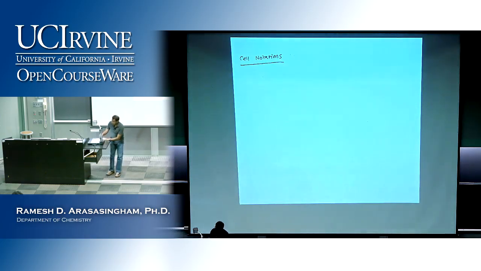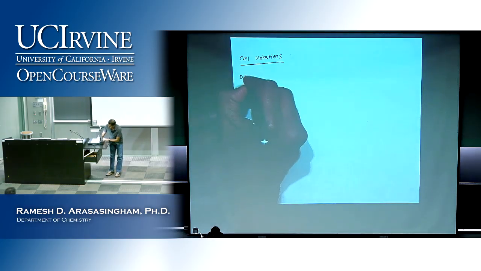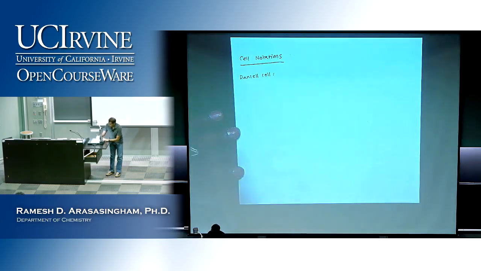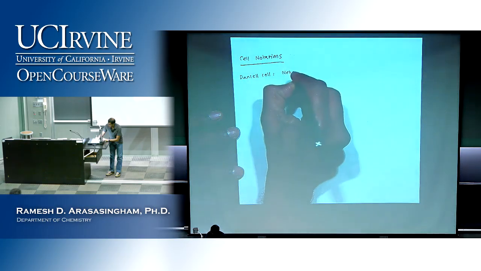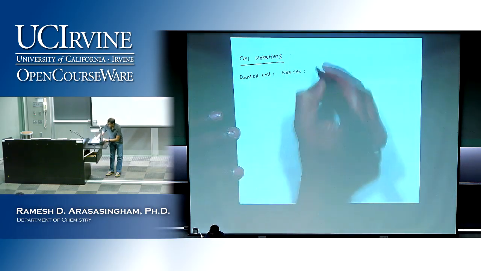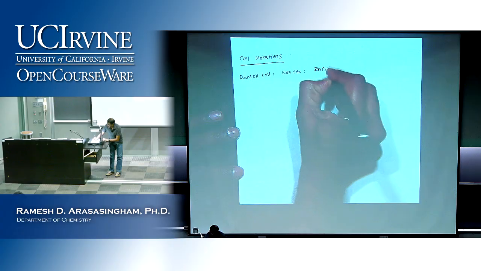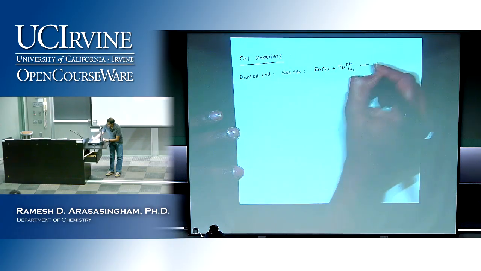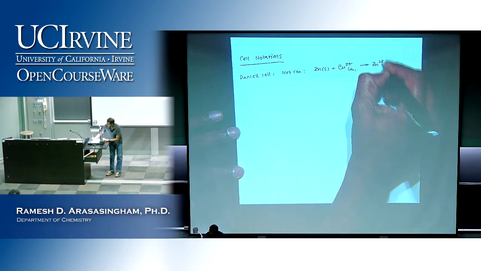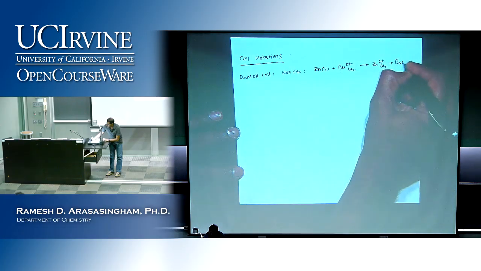And let's start with the Daniell cell. We know in the Daniell cell the net reaction is that you have zinc solid plus copper 2 plus ions, giving you zinc 2 plus aqueous plus copper solid.